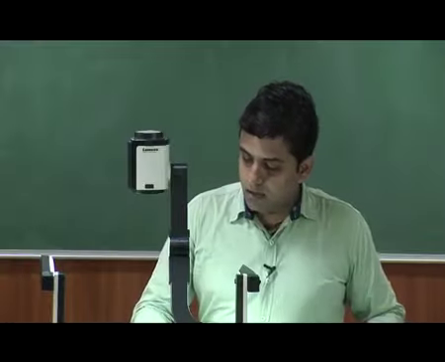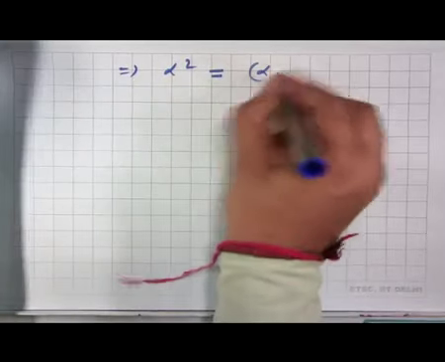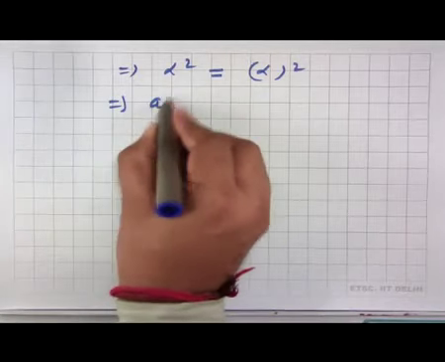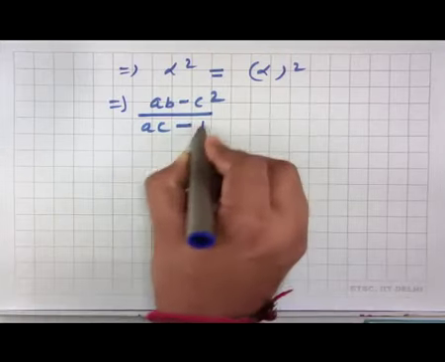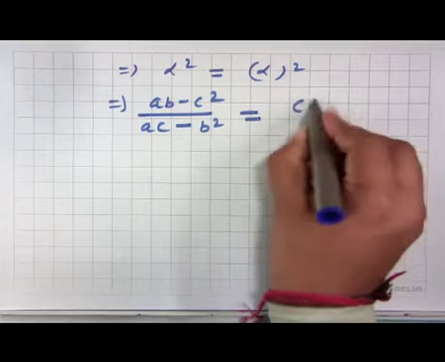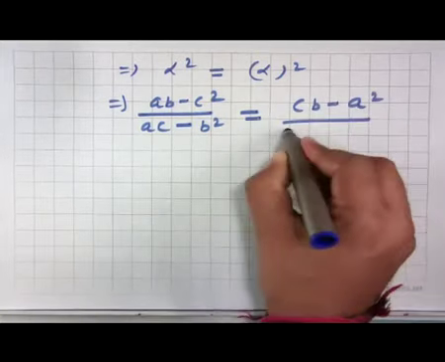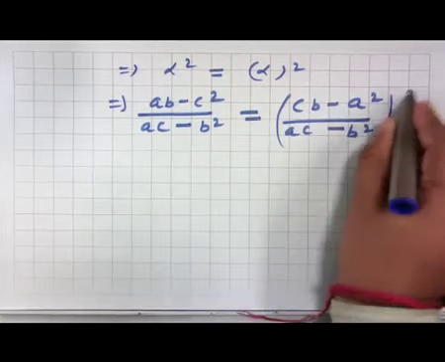Now again alpha square equals alpha to the whole square: ab minus c square over ac minus b square equals cb minus a square over ac minus b square, to the whole square.